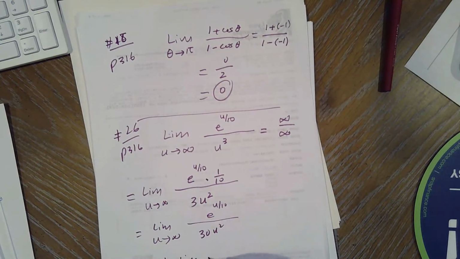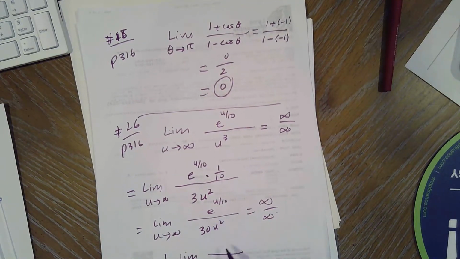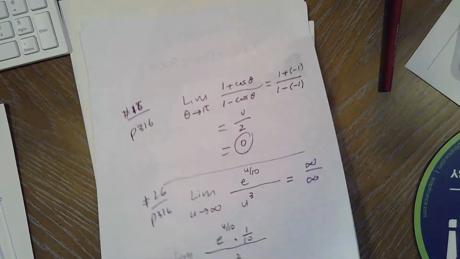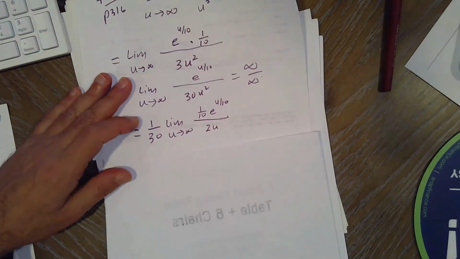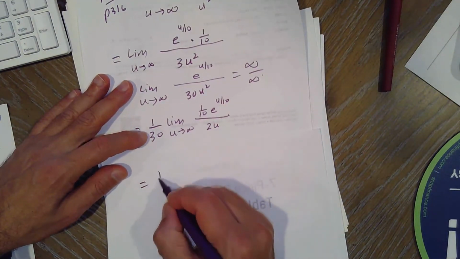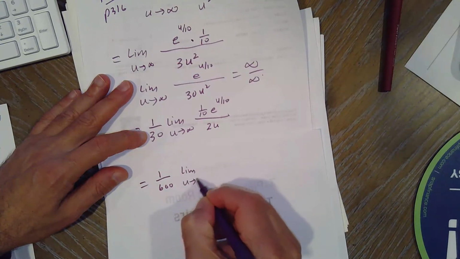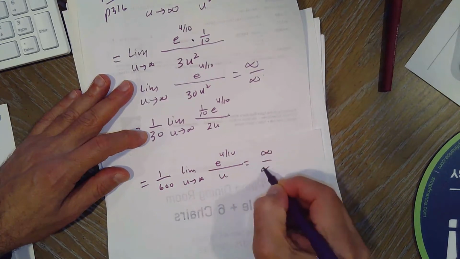Now we do the derivative again because we have infinity over infinity. So again, it's e to the u over 10 times the derivative of that, and then the derivative of u squared is 2u. So again, the 1 over 20 times 1 over 30 is 1 over 600. Limit as u goes to infinity of e to the u over 10 over u, which is infinity over infinity.